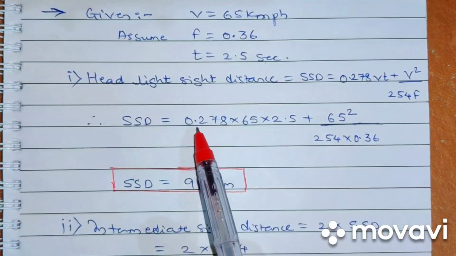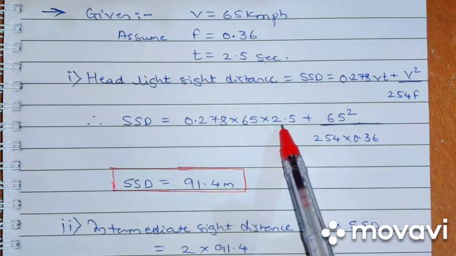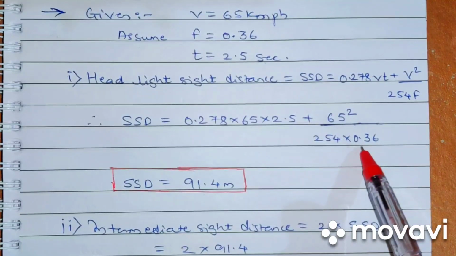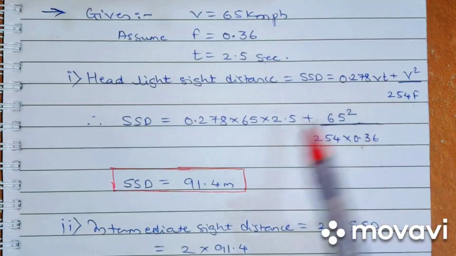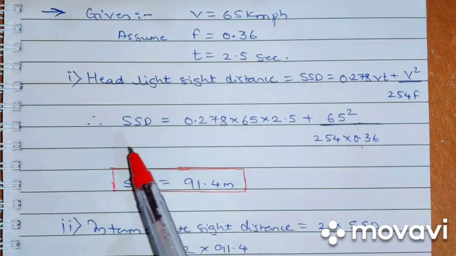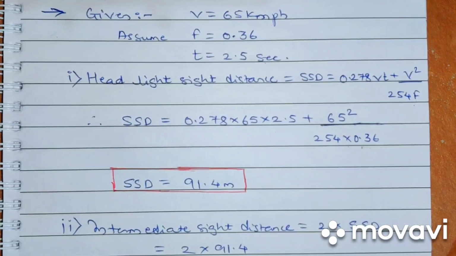Substituting the values, we get 0.278 multiplied by 65 multiplied by reaction time 2.5, plus 65 square upon 254 into 0.36, the coefficient of friction. So we get the headlight sight distance of 91.4 meters.